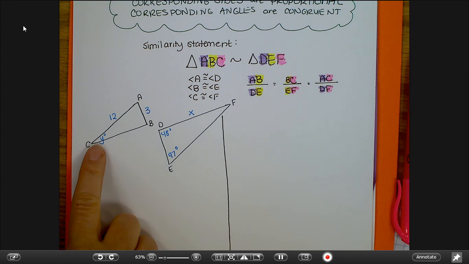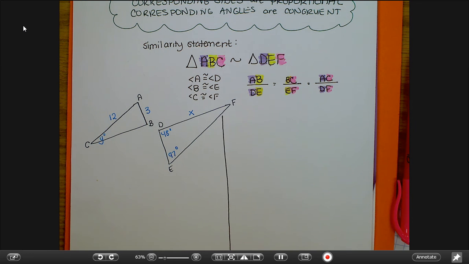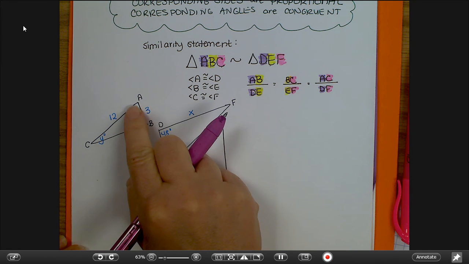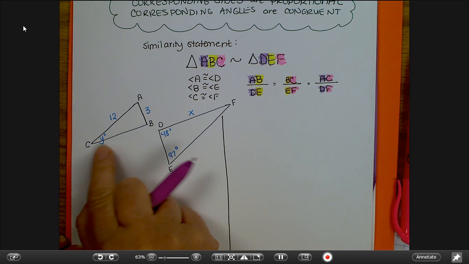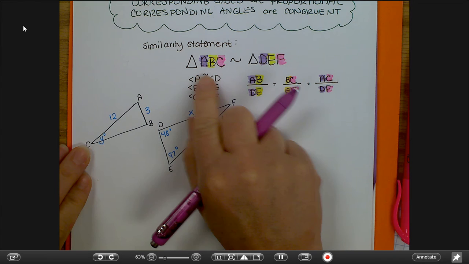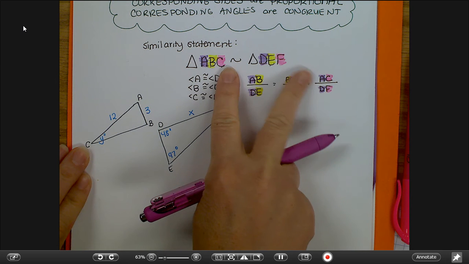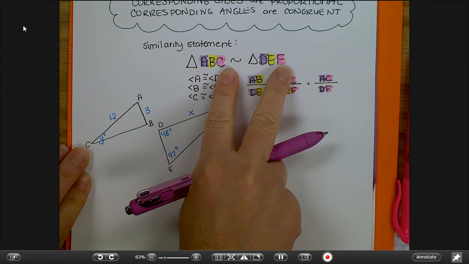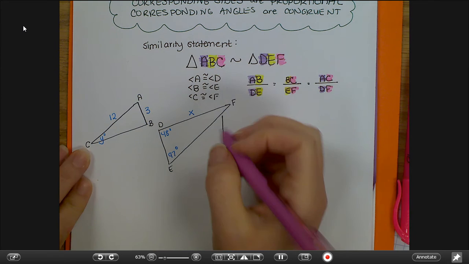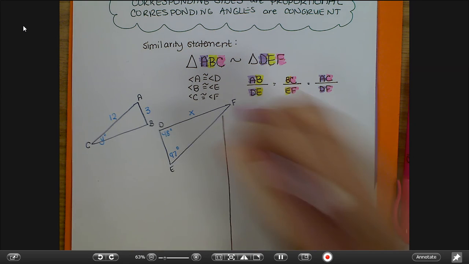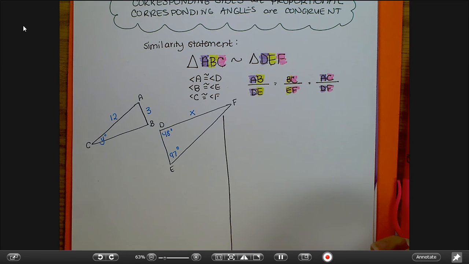Well, Y is an angle, all right? And so we just need to look and say, all right, so which angle corresponds to angle C, since the Y is at angle C? Well, we're going to look up here at our similarity statement, and there's angle C. So that corresponds to angle F. So angle C and angle F have to be the same, but we don't know what angle F is, all right?